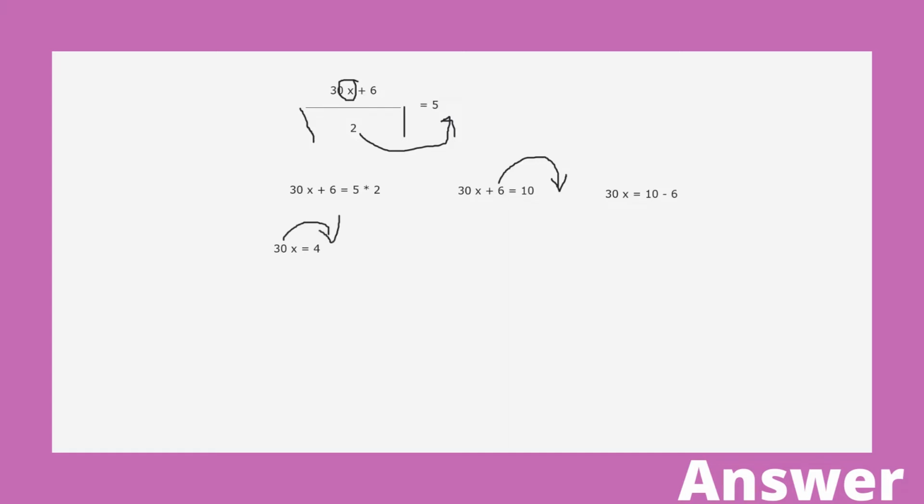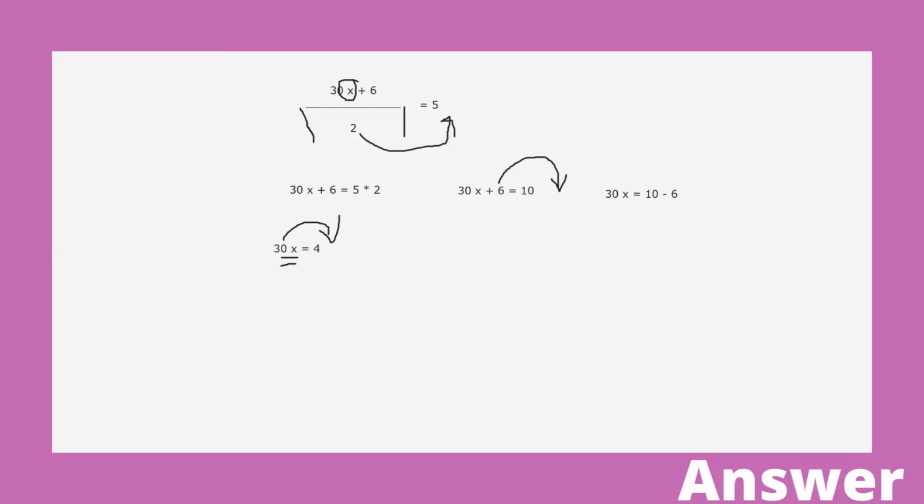Now this here, they're together. So 30x, when separated, simply means it's 30 multiplied by x. 30 multiplied by x equals 30x. So if we want to throw the 30 over the equal sign, if it's multiplying the x, when it goes over the equal sign, it will now divide, right?